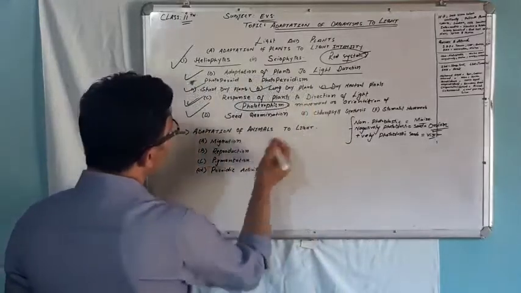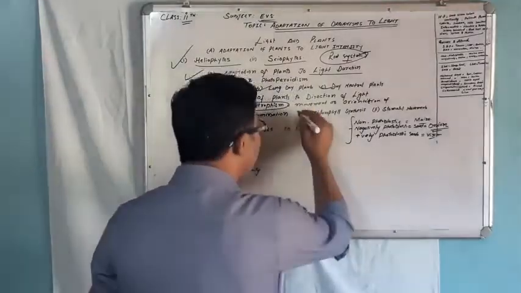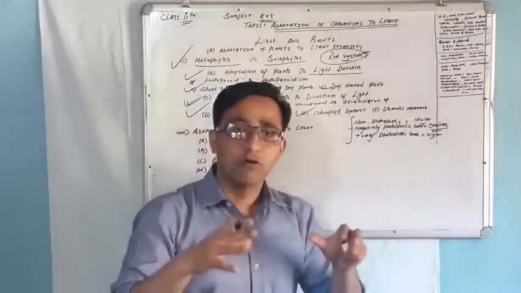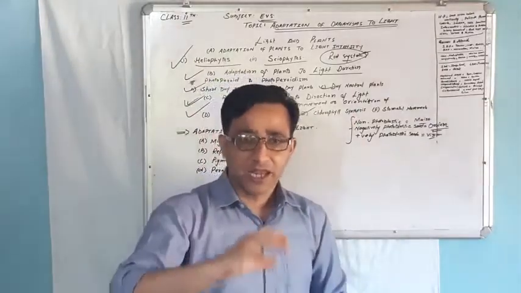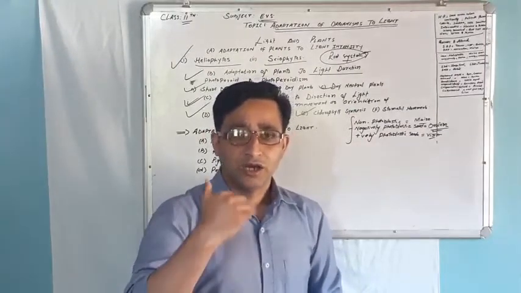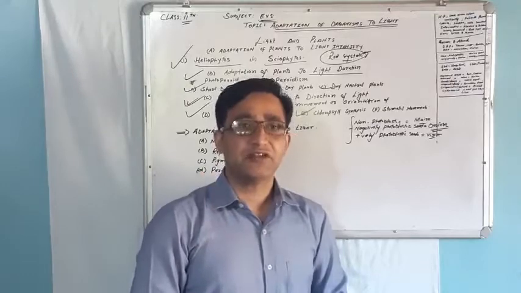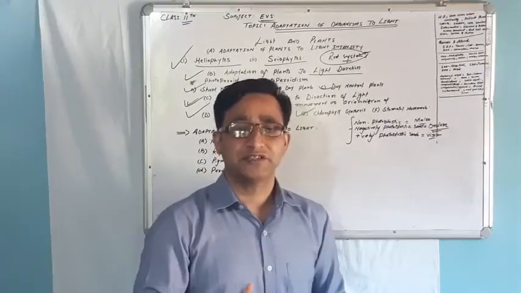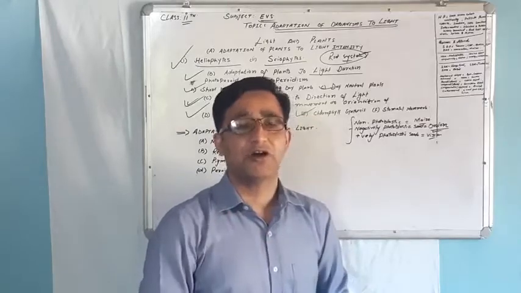And another impact of the light upon the plants is chlorophyll synthesis. The light plays an important role in the synthesis of the green pigment, that is chlorophyll, as well as it is important in the development of the stomata.